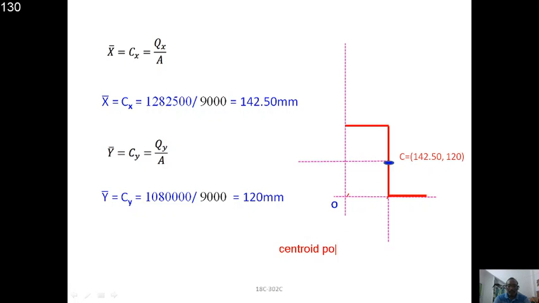The centroid position is within the web portion, right? Because it is less than 150, and this 120 is the height, so this is the 120 distance, right?